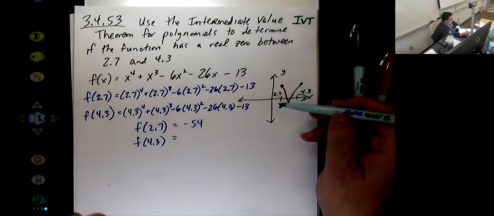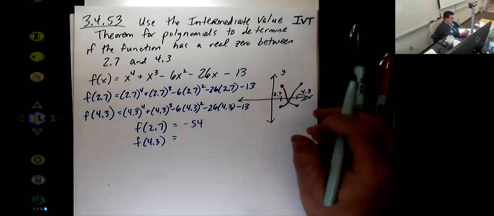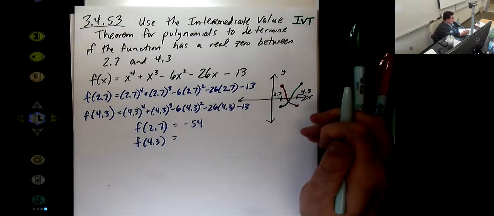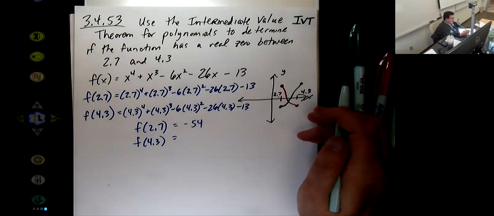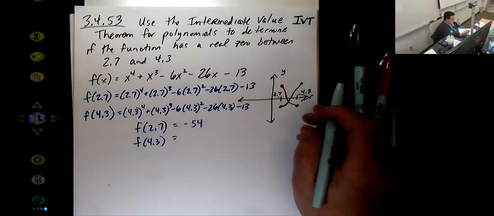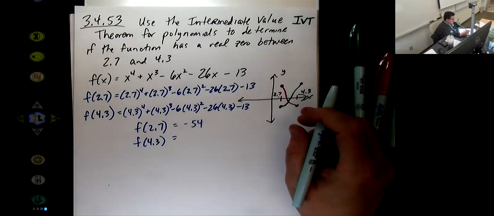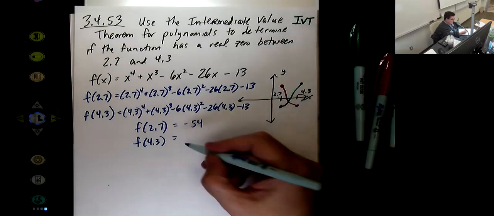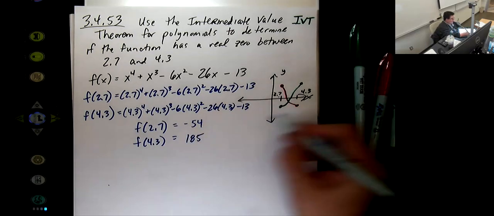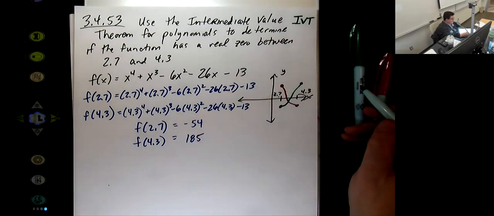If you have it on your computer, it should have the old work. You can always check to see if you did it wrong. 185.